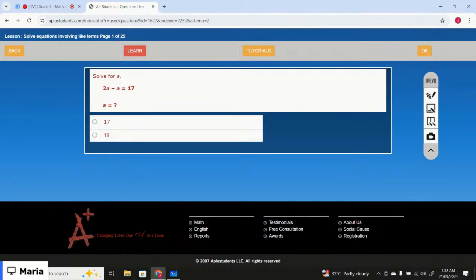So the correct option is A equals 17. Option number 1 is the correct option.